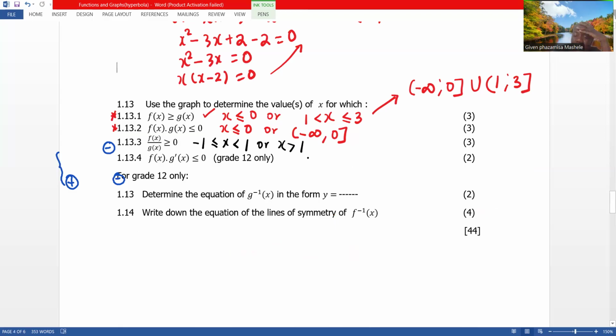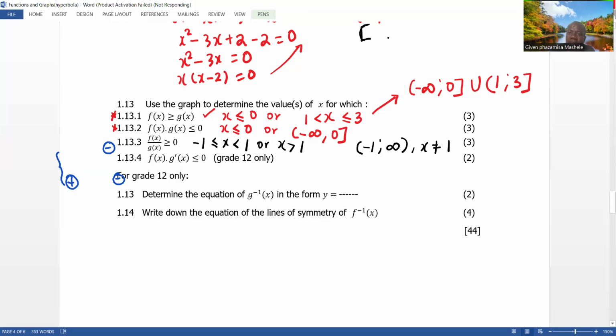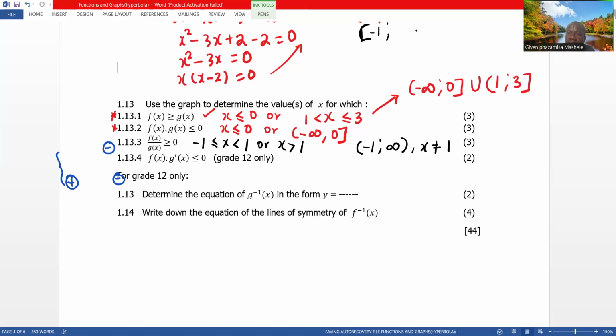We're actually excluding the 1. Or we can say it's from minus 1 up until infinity, but x should not be equal to 1. You can also do it in that way.